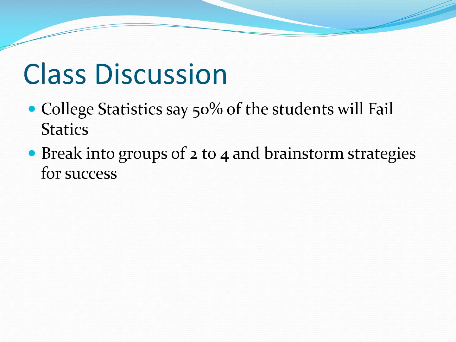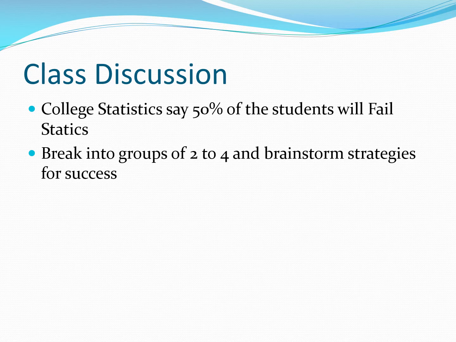As we get started, I usually talk about this in the first class, and it's just something to think about as we get started on the semester and on this first chapter. This is pretty much consistent across the country. Approximately 50% of the people that take statics for the first time fail.